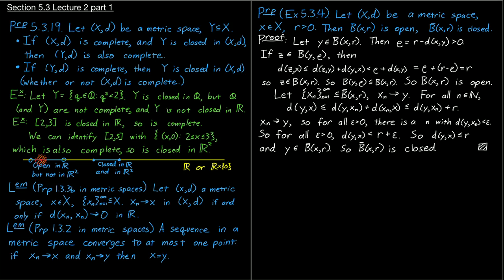Couple of other facts I want to mention, couple of other sets that are always open and closed. This is a little bit non-intuitive, but follows straight from the definitions. Pick any metric space (X, d).